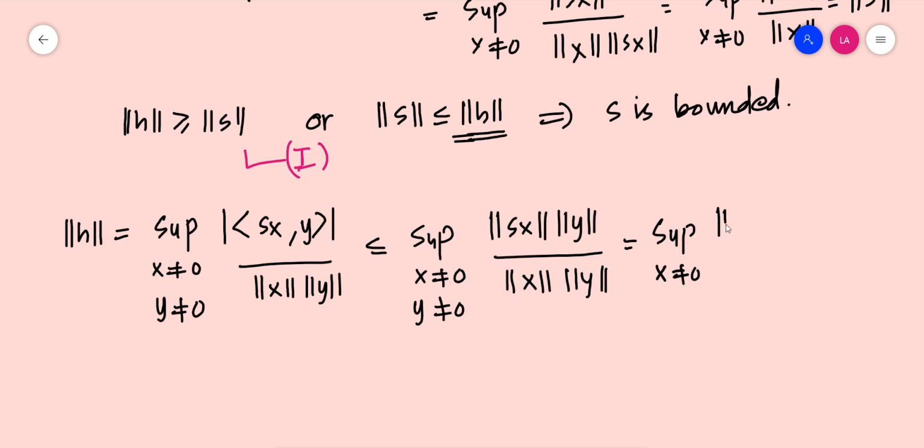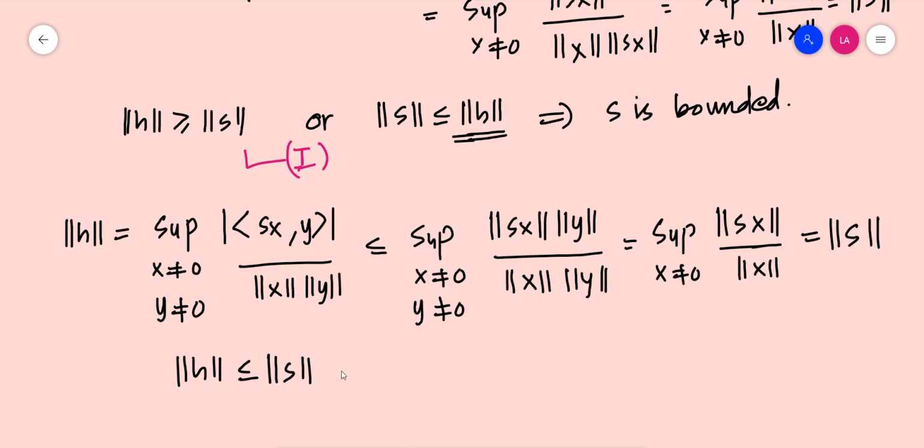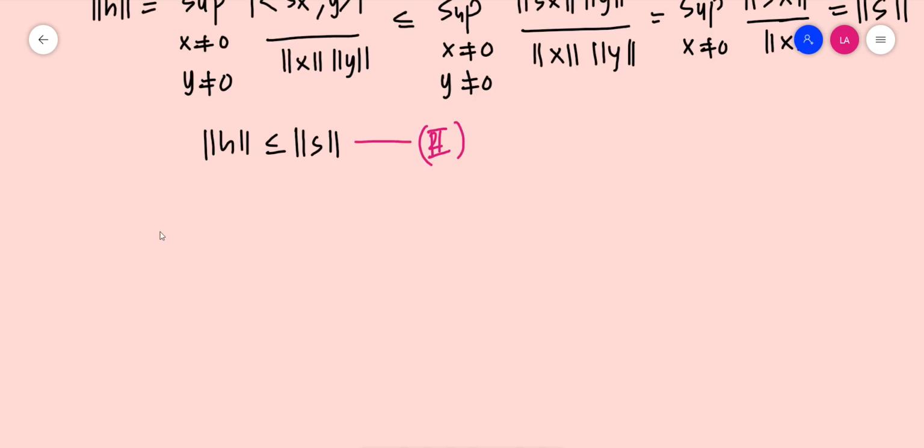We cancel norm y, so this is equal to the supremum over x not equal to 0 of norm Sx by norm x. So this is equal to norm S. This implies norm h is less than or equal to norm S by equation number 2. So from equations 1 and 2, we can clearly write norm h is equal to norm S.